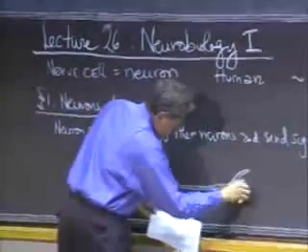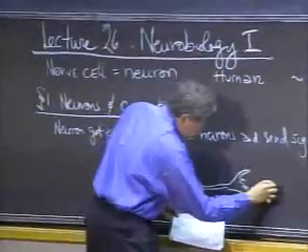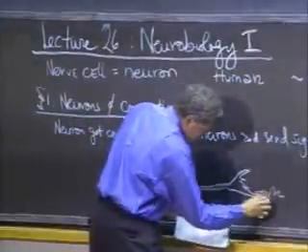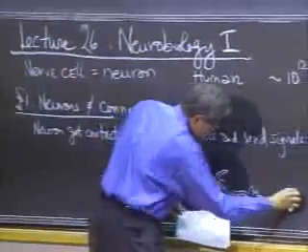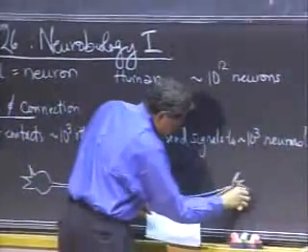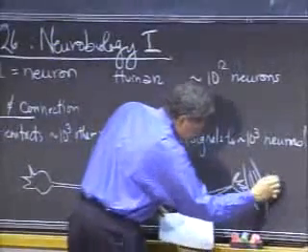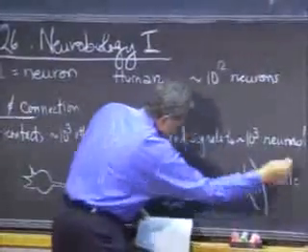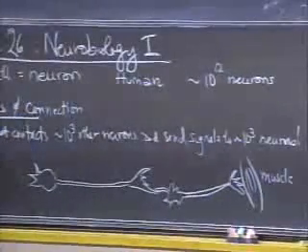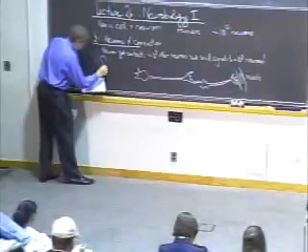Making connections to another nerve cell. Making connections to maybe a muscle. Oh, and what activates this nerve cell? Well, maybe in your eye we have a photoreceptor cell.